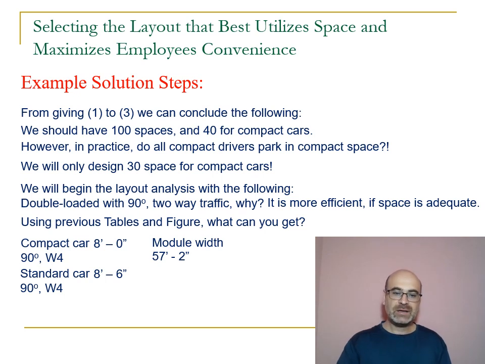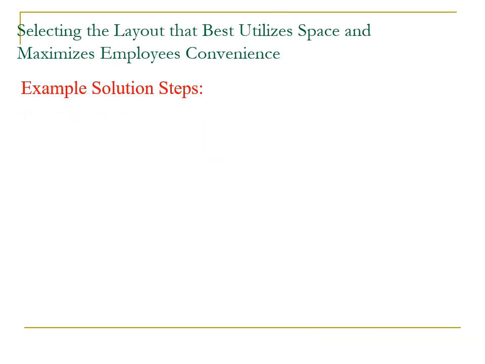Again, for standard cars with 90-degree parking with module configuration 4, we are going to use 8 feet and 6 inches. Then the module width in the tables is given as 66 feet. Okay, now we have some information about the problem and we have some idea for the solution, but the details are still missing.